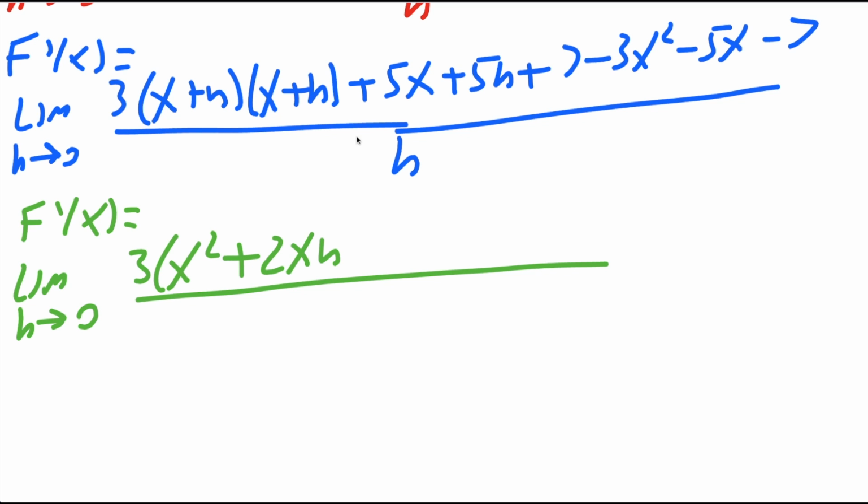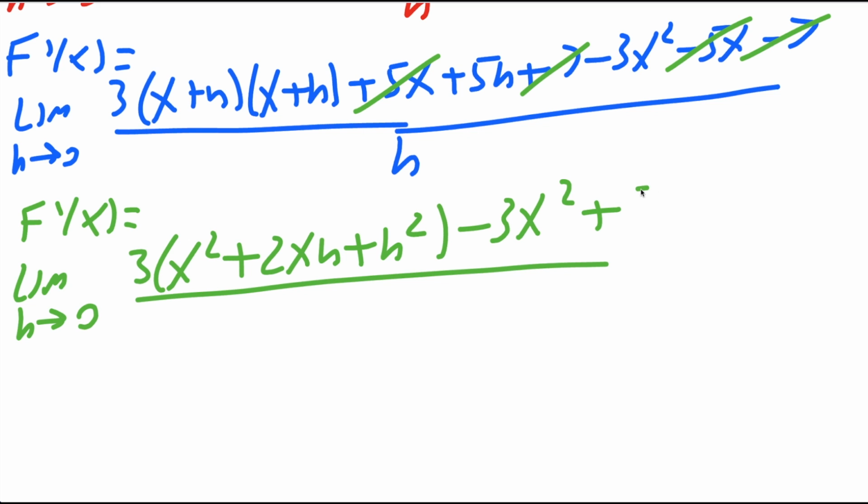And then h times h is h squared). Here I might as well clean this up. We have a 5x, we have a negative 5x, so it got canceled. We have a 7, we have a negative 7, it got canceled. But we have a negative 3x squared plus a 5h. So we have this piece and this piece, all over h.